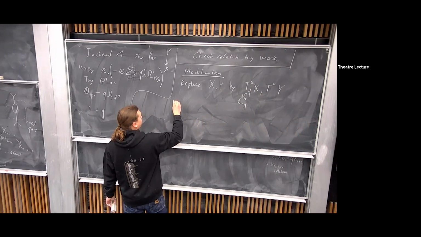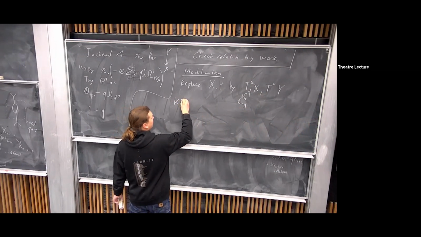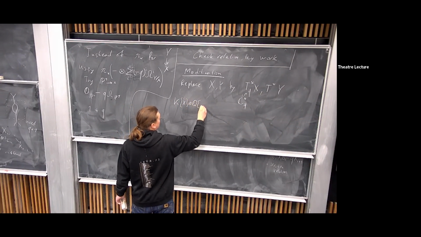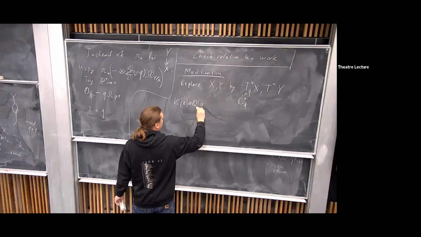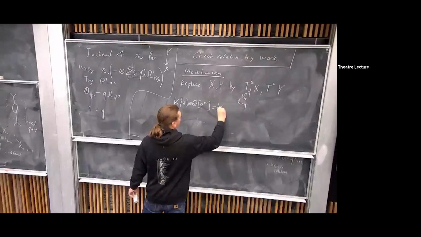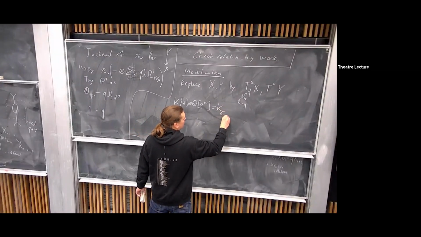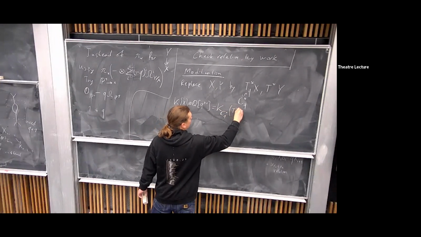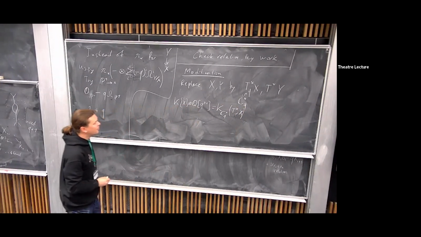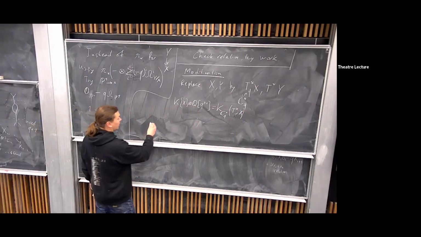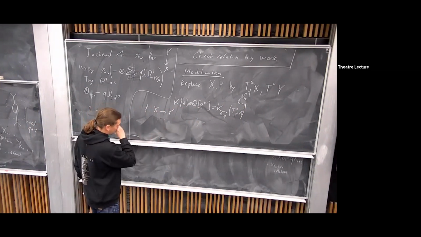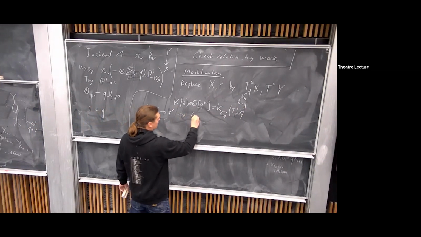So then K theory of X tensored with functions in Q is simply the equivariant K theory of the cotangent bundle. Then if you have f from x to y, you have to look at the corresponding Lagrangian correspondence.